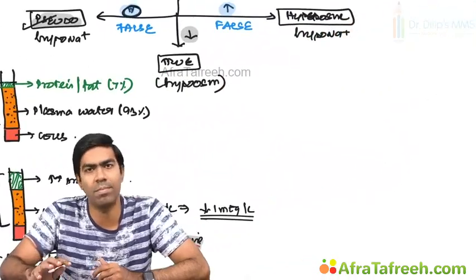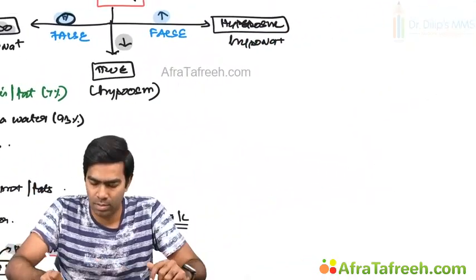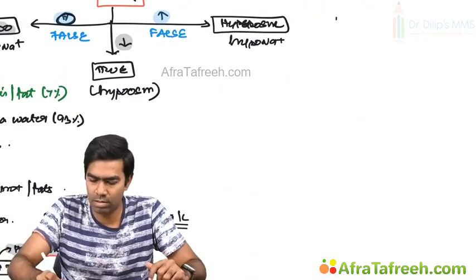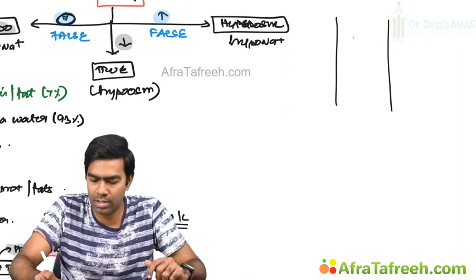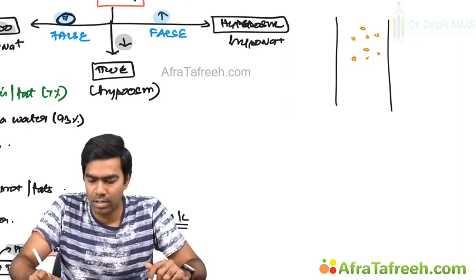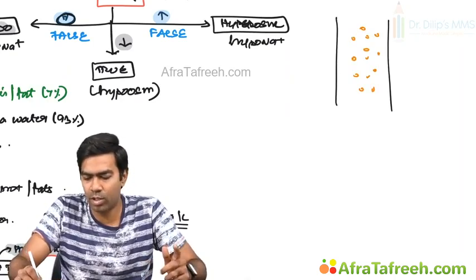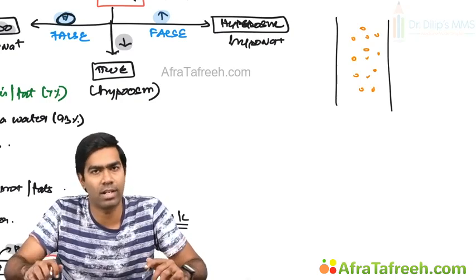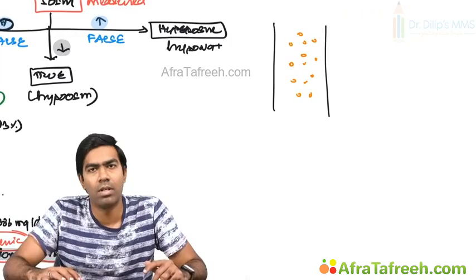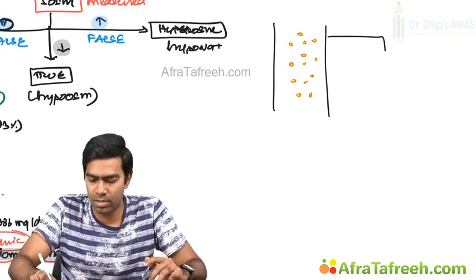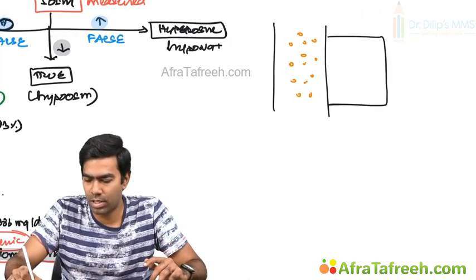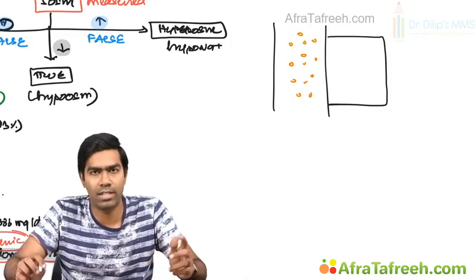Next, where will you get a hyperosmolar hyponatremia? Now let us assume there is an osmolar substance that is circulating in the intravascular compartment. This could be anything. A lot of osmolar substances can circulate in the intravascular compartment. So this osmolar substance is incapable of moving into the ICF.